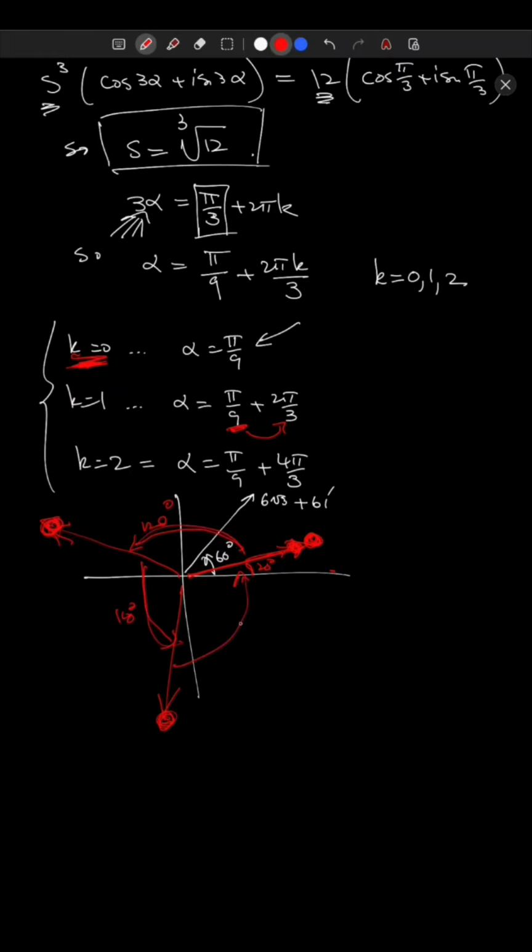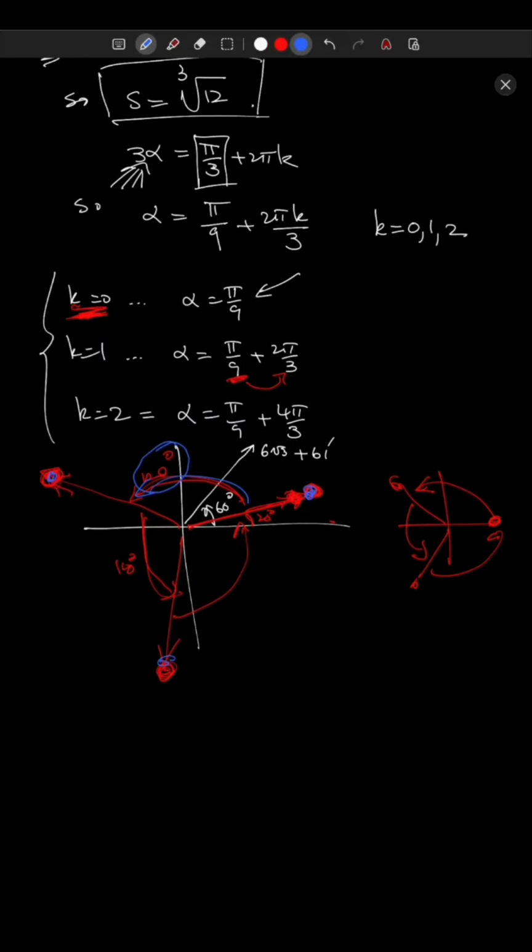Just like with the roots of unity, I started here, 120, 120, 120. Once you find one solution, you just propagate by 120 degrees to get the next one. And again, the 120 degrees comes from the fact that we're searching for the cube roots.